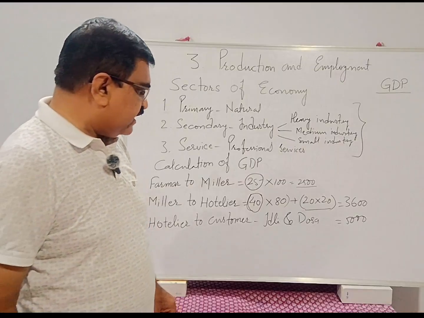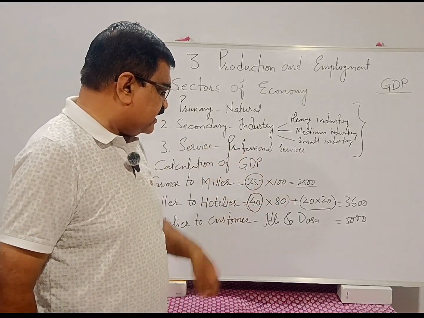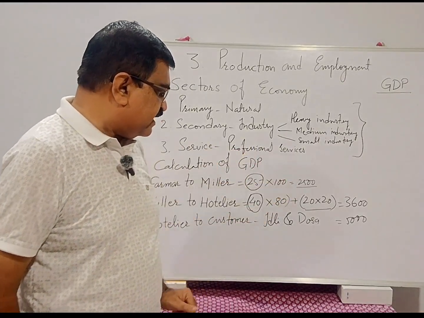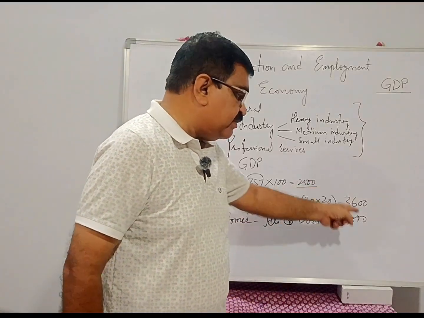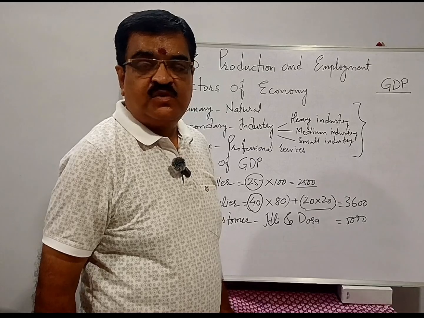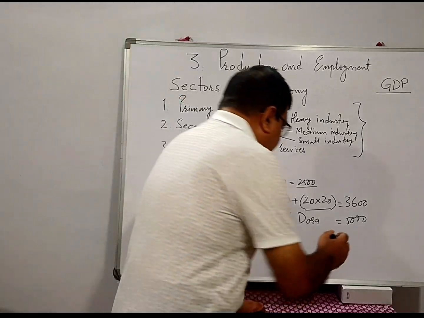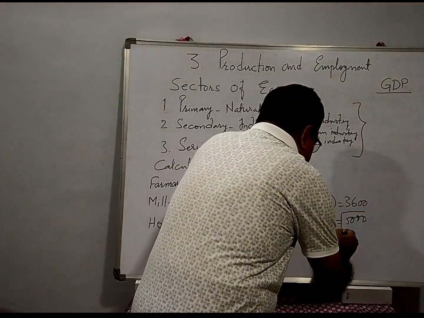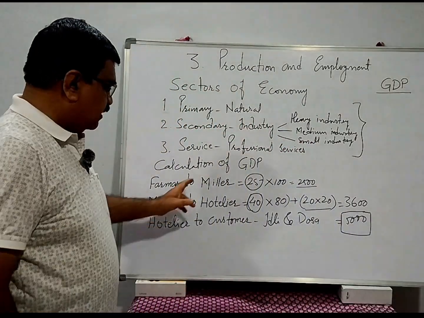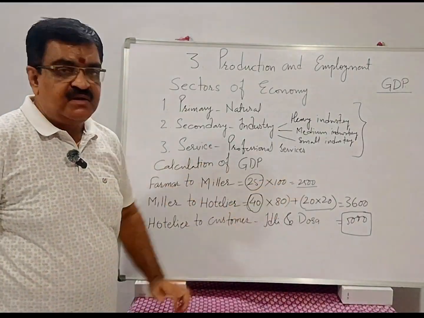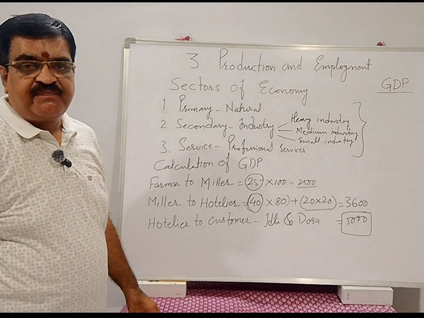Now you may be thinking that when we are calculating GDP, these three amounts, 2,500 plus 3,600 and 5,000, should be added. No. Whatever the final amount we have received, what is that final amount? 5,000 rupees.